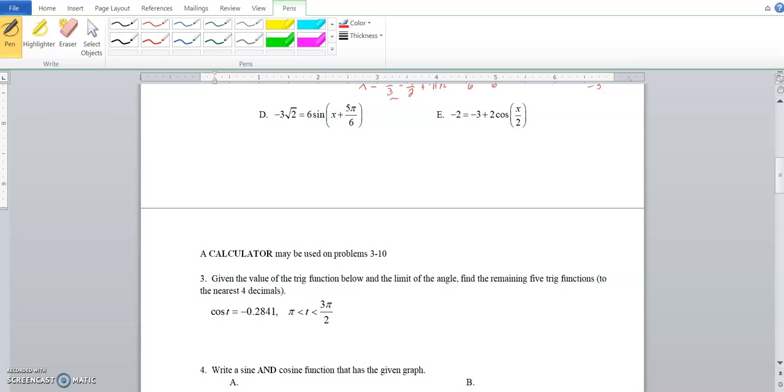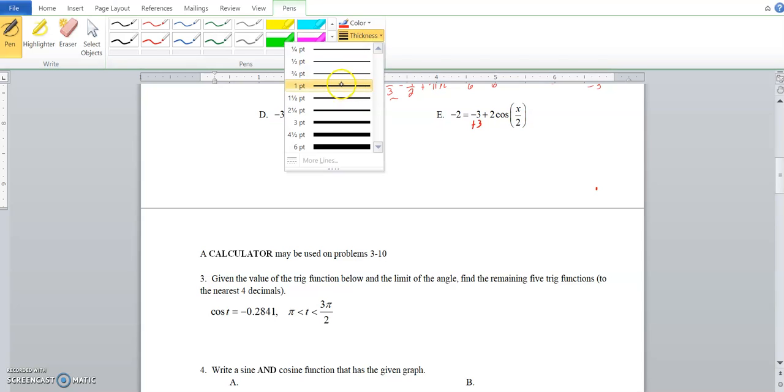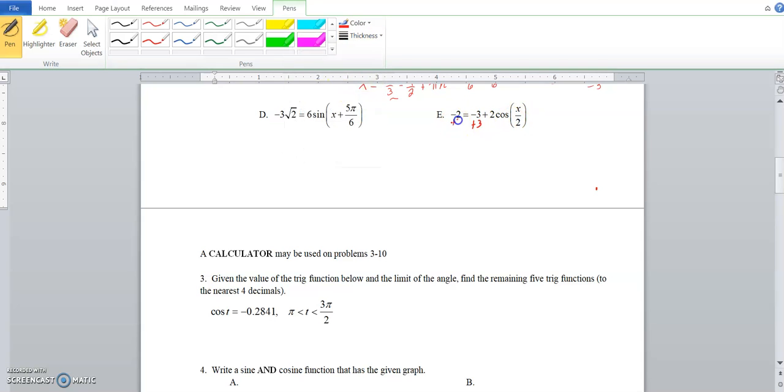We've got, let's see, we need to get cosine by itself. There we go. To get cosine by itself, we need to first add 3 to both sides. So if you add 3, it looks like this, we say plus 3, plus 3. So we get 1 equals 2 cosine x over 2.